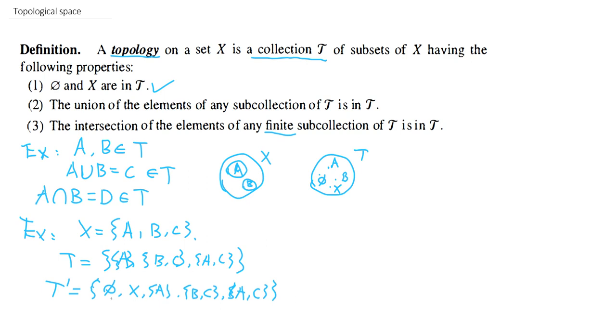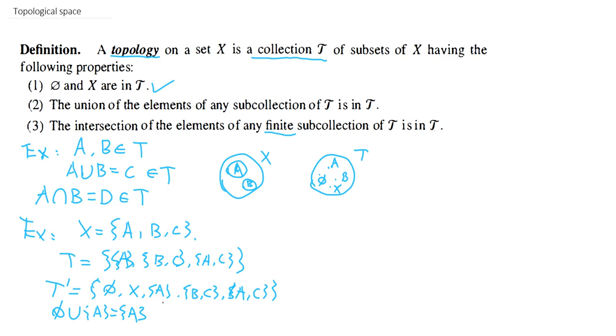And how about the empty set with A? The union of the empty set with A is still A. So this set A is still an element of T prime. So it works.